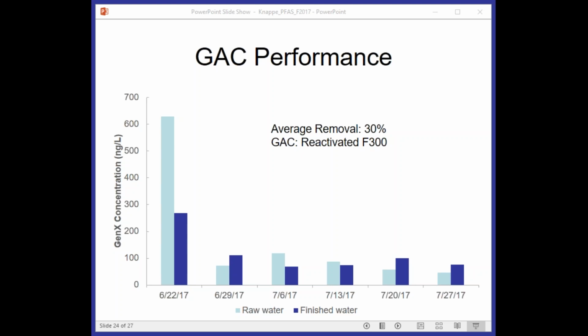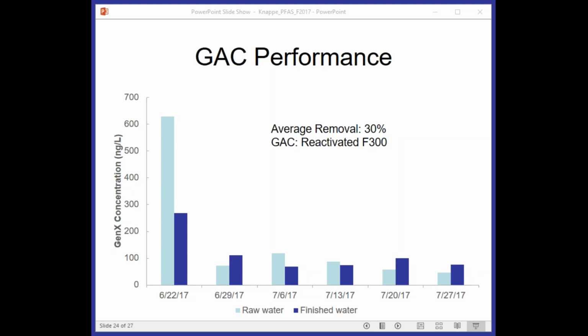For this particular plant, they're operating GAC adsorbers in parallel. The overall Gen X removal at this particular plant was only 30% using their treatment approach. We're still digging into this data a little bit more. For the carbon that was 3 months old, the removal was somewhat better.